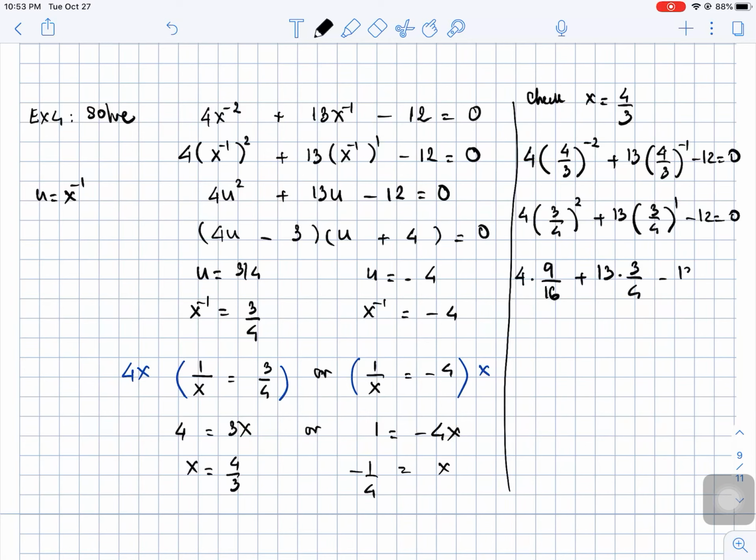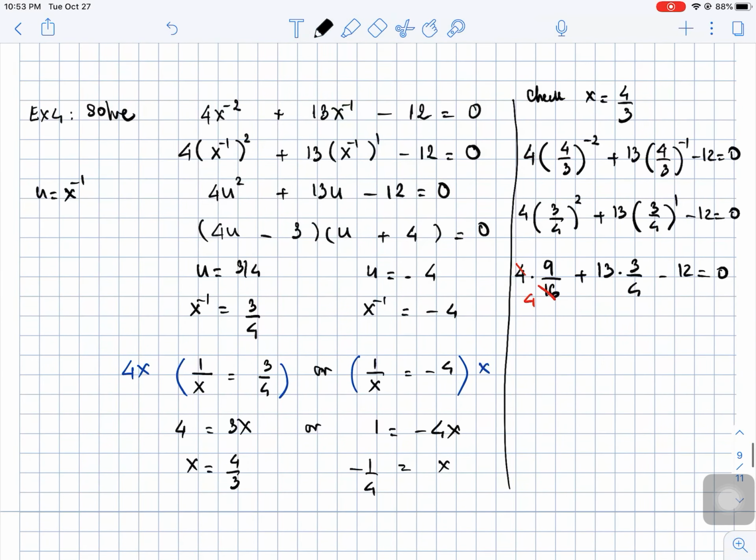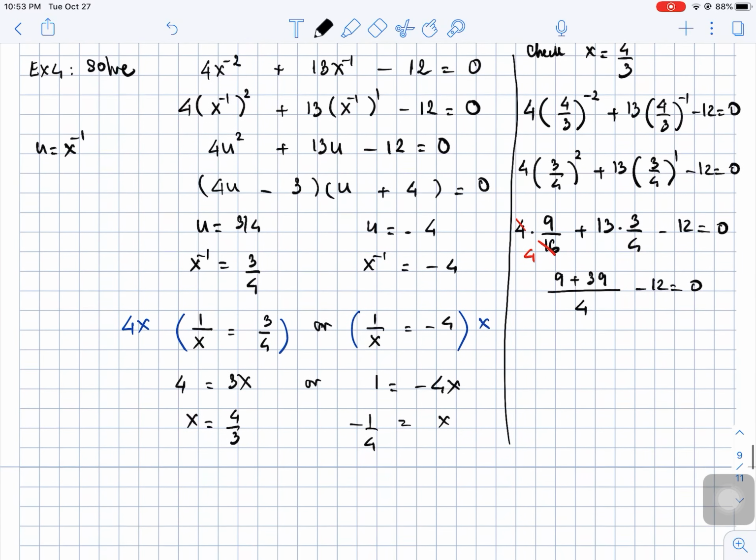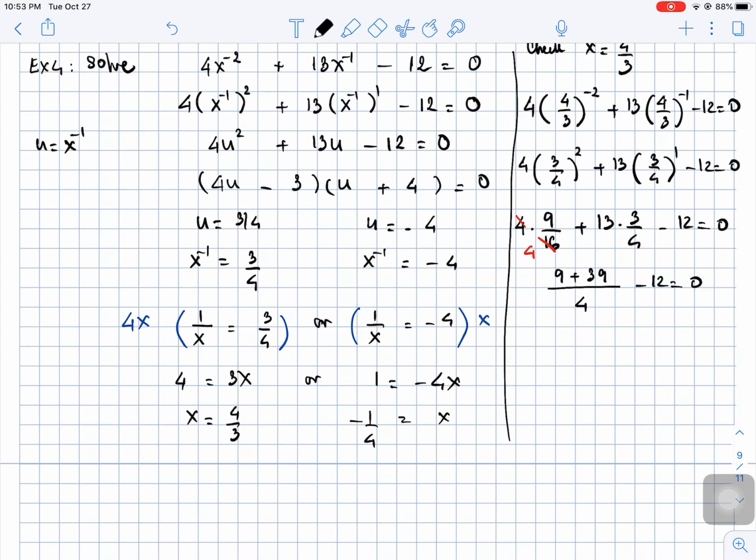As we learned from the section before, we want to have the positive exponent, so we need to take the reciprocal of the base, okay? And now that we have the exponents positive, we can simplify them. We get 4 times 9 over 16 plus 13 times 3 over 4 minus 12 equals 0.